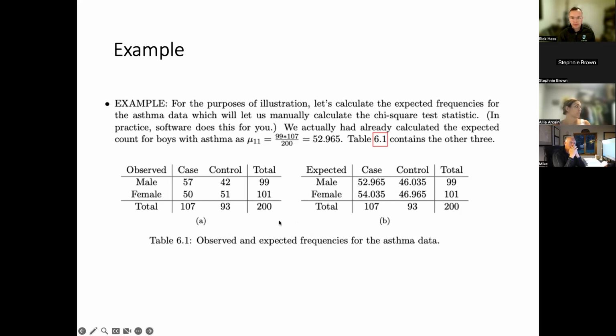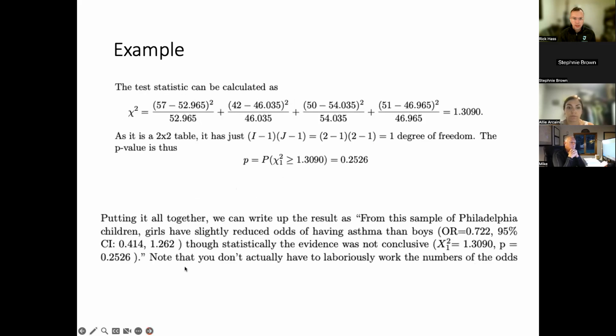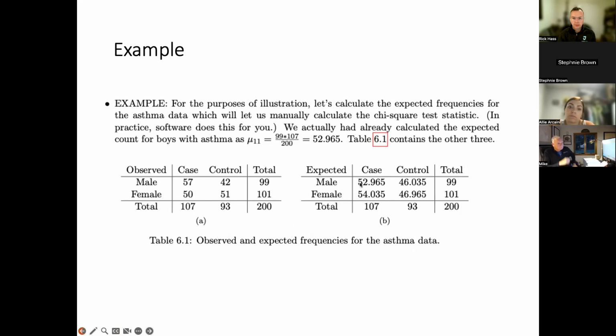So SPSS does this for you in the background, computes the expected frequencies, and obviously we feed it the observed frequencies. Then it does all this math for us. For each cell, we take observed, subtract expected, square it, divide by expected. That's represented as observed minus expected squared over expected for the first cell.